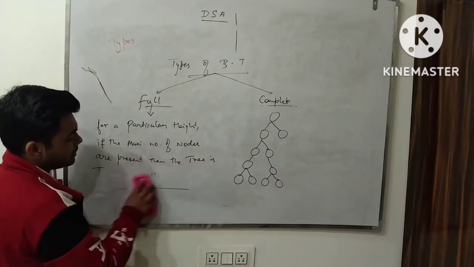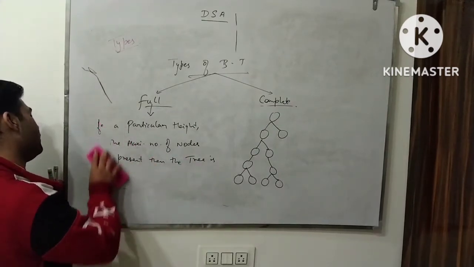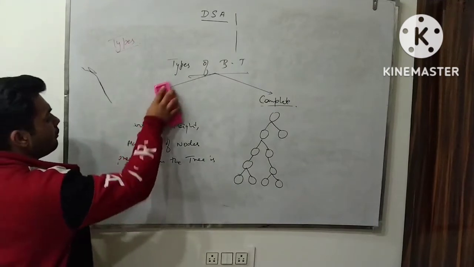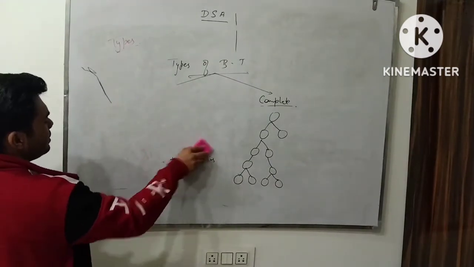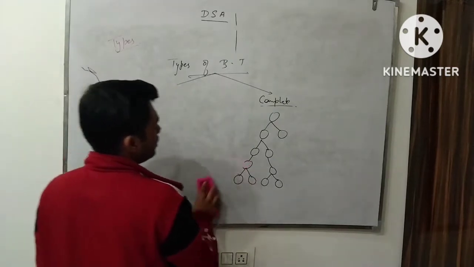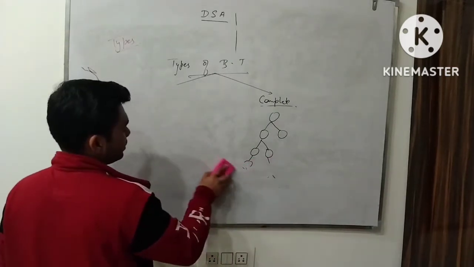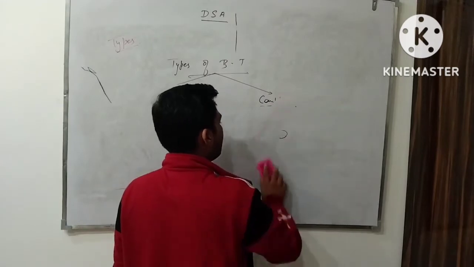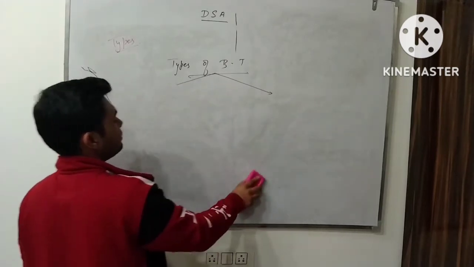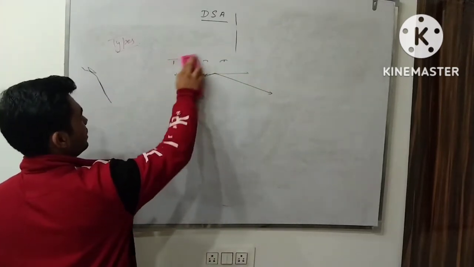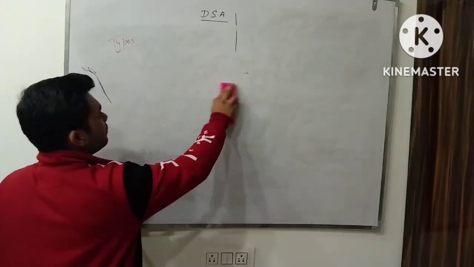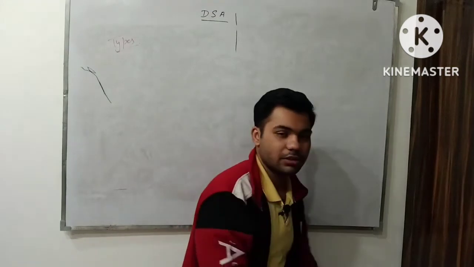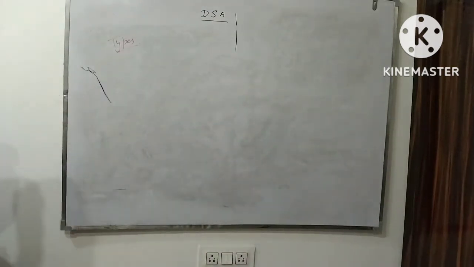Next we are moving to the next topic of today's class: what operations can we perform on these binary trees? When we studied arrays, linked lists, queues and stacks, we performed many arithmetic and logical operations on them. So what operations can be performed on trees also? We are going to discuss them.